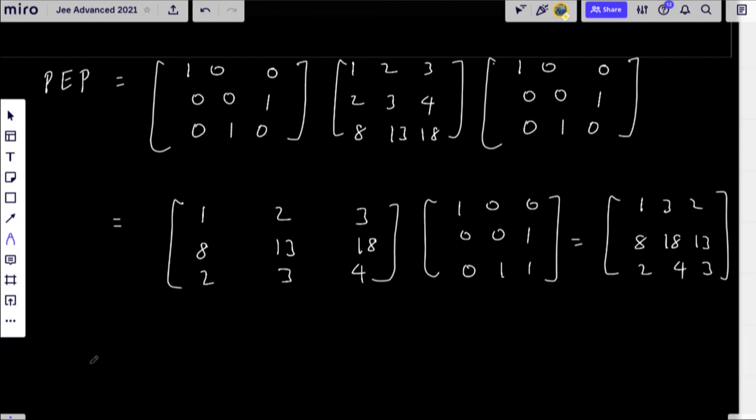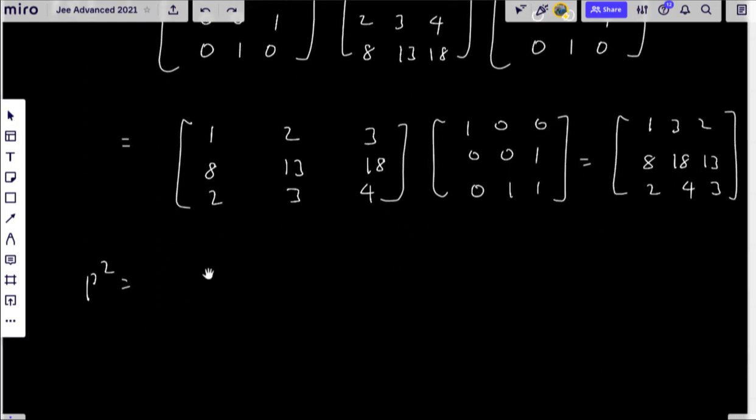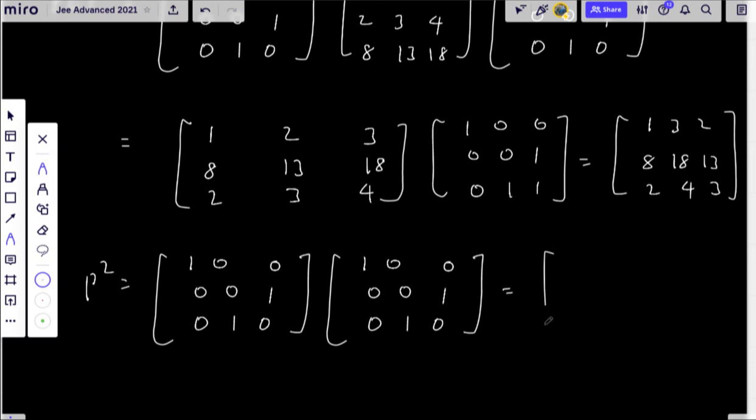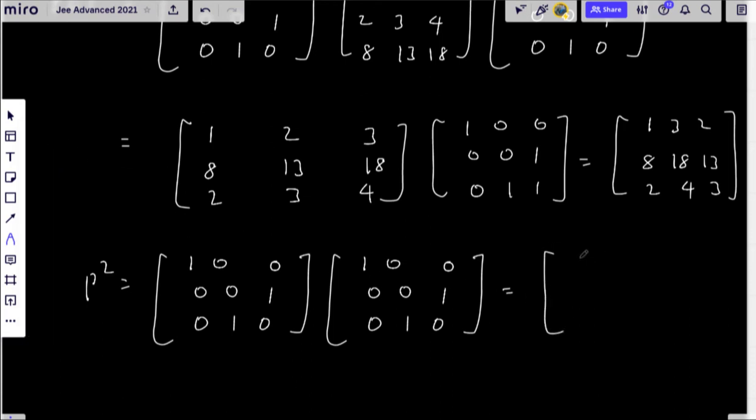So as you will see, that is P square. What is P square? That is 1, 0, 0. For P square, we have to make this P. As P, we know this one as P, and once again this one is P. So here that is P square, and then after multiplying, what we get is the identity matrix, that will become 1, 0, 0, 0, 1, 0, and 0, 0, 1.